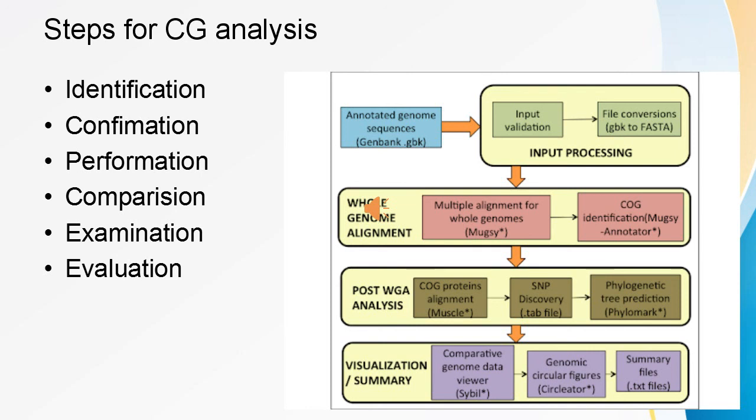So there are different steps that we follow. First, we identify any other paralogous sequences that affect our analysis by using different software like BLAST. After identifying the paralogy or relatedness between them, we confirm the similarity between the nucleotide and protein levels of the paralogous or orthologous sequences.